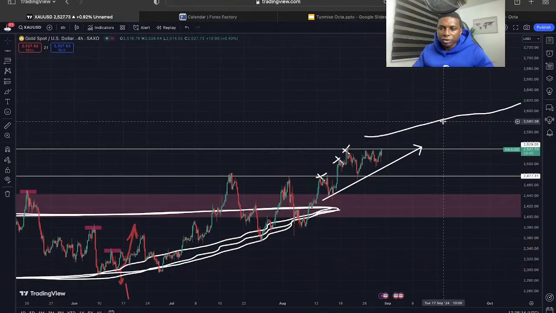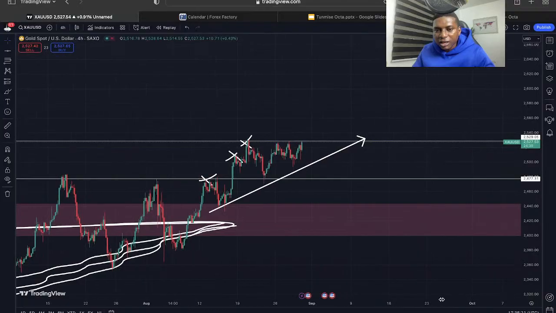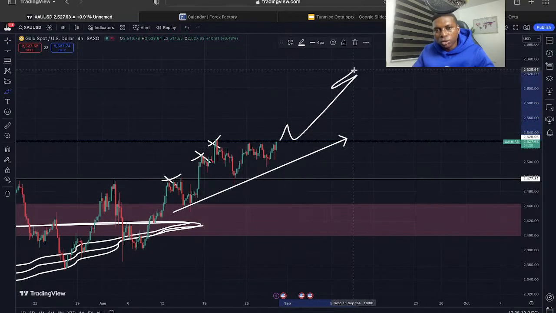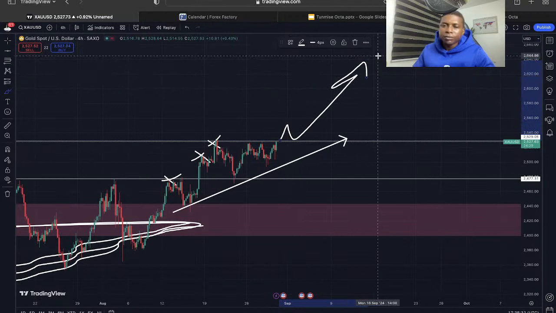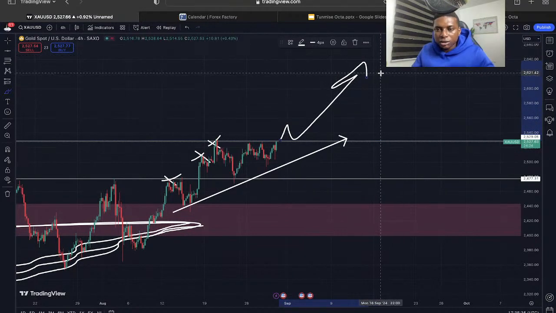Now, what we would see on gold once a breakout of this region happens. Once a breakout happens at this level here, a pullback follows, and then gold moves, of course, straight to say 2,600 USD.